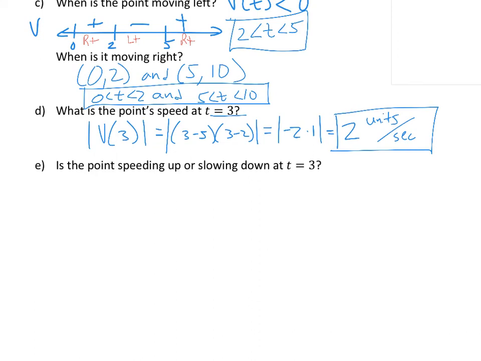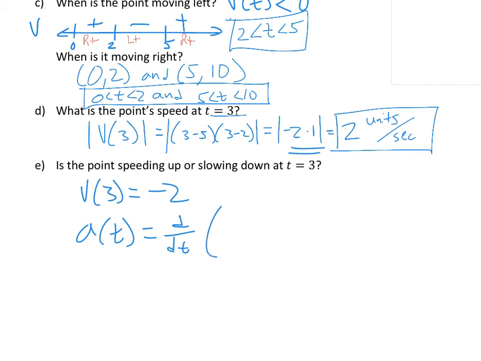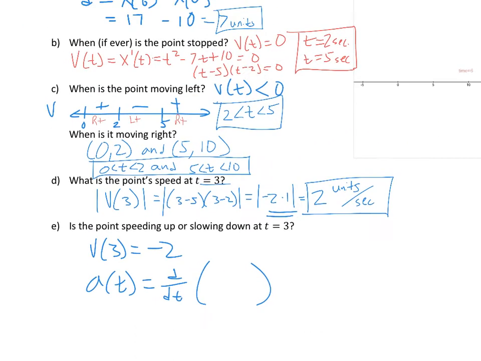Well, the velocity at 3 we just found. This is the velocity, negative 2 times 1, so it is negative 2. But what's the acceleration? Well, let's find the acceleration function. We've got to find the derivative, the derivative with respect to t of the velocity function.